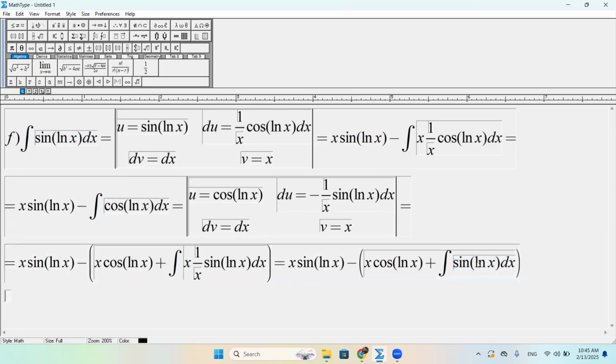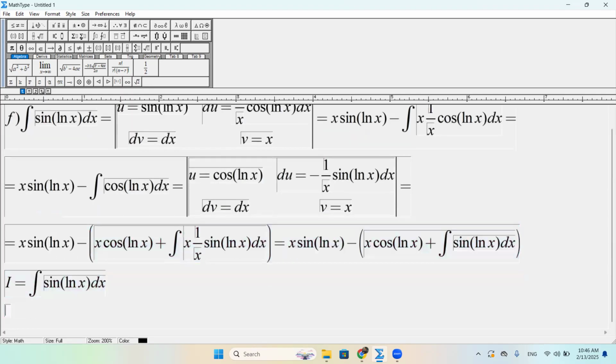Again, we transfer to an equation with respect to this integral. I just mark it as I for our convenience. So what do we have?